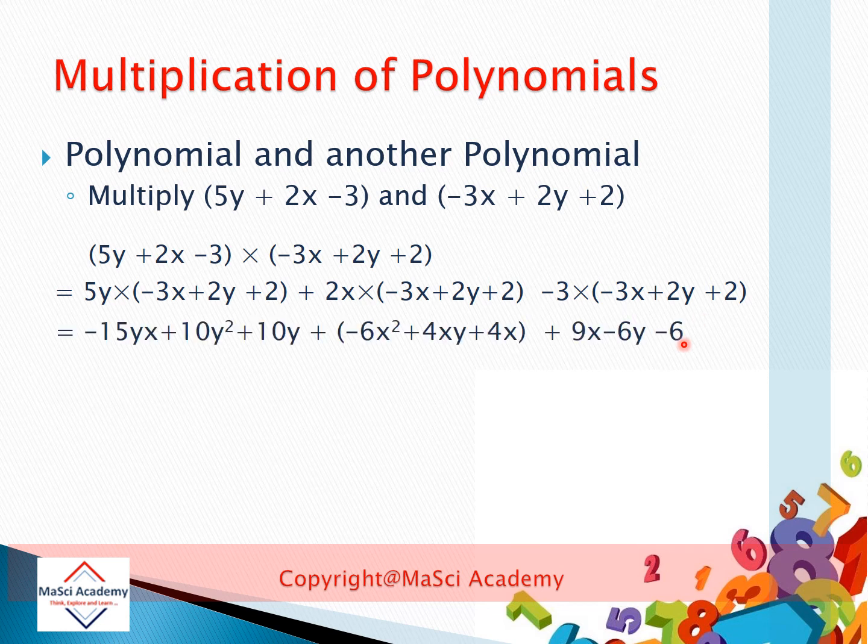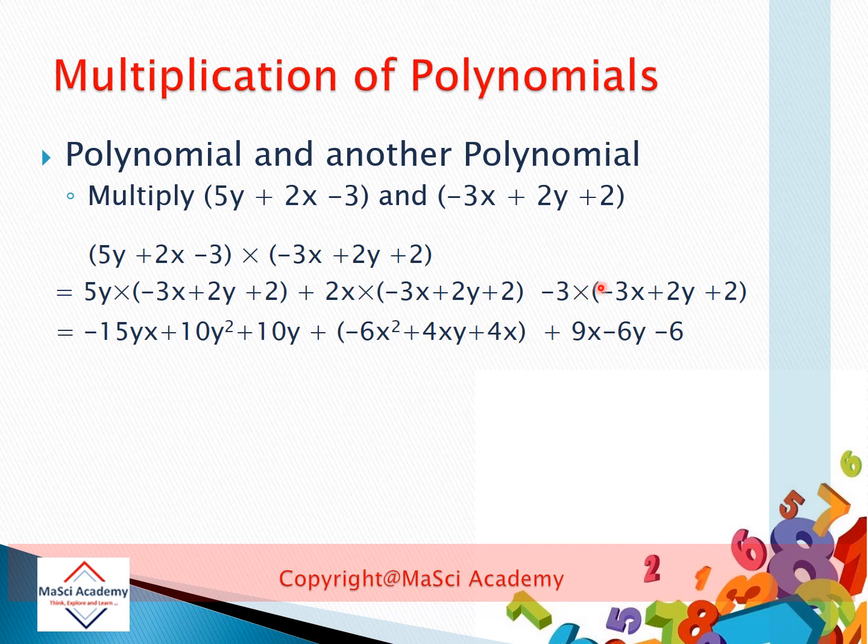Next we open out all the brackets using the rules of multiplication of two monomials. 5y multiplied by minus 3x becomes minus 15yx. 5y multiplied by 2y becomes 10y square. 5y multiplied by 2 becomes 10y. 2x multiplied by minus 3x becomes minus 6x square. 2x multiplied by 2y becomes 4xy. 2x multiplied by 2 becomes 4x.